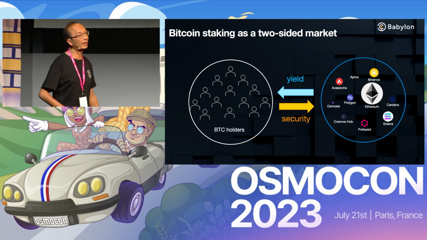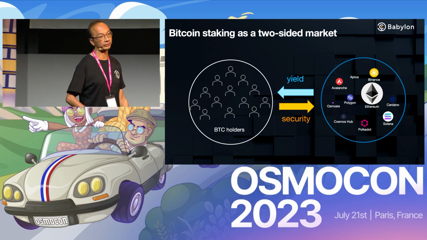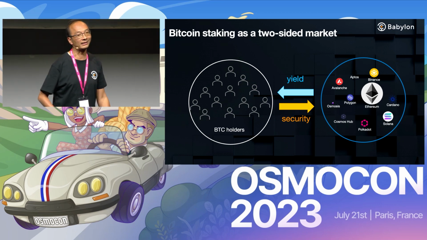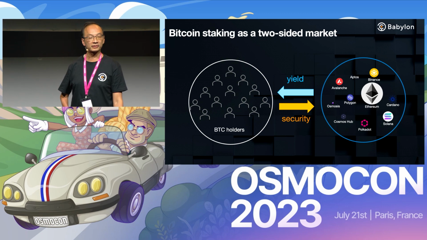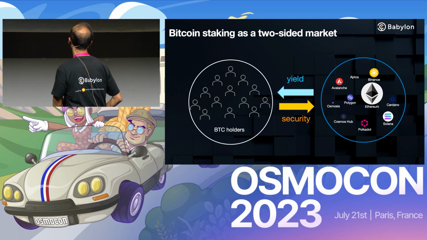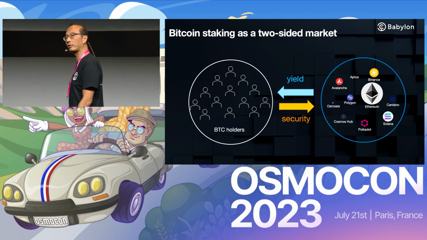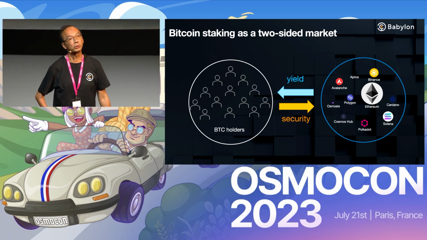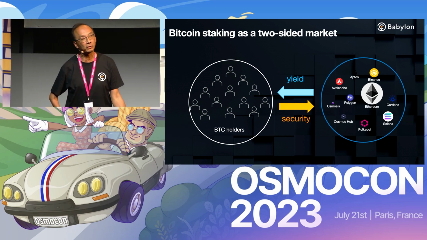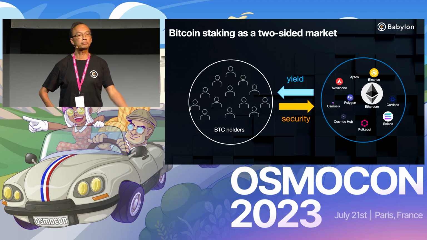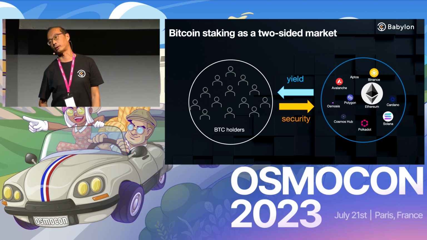First, on the left side, are the BTC holders, and we want to convince as many of them as possible to provide their capital to stake. On the right side are the proof-of-stake chains with their communities, like this one, the Osmosis community, who are going to decide whether or not they will accept BTC stake as part of their staking portfolio.